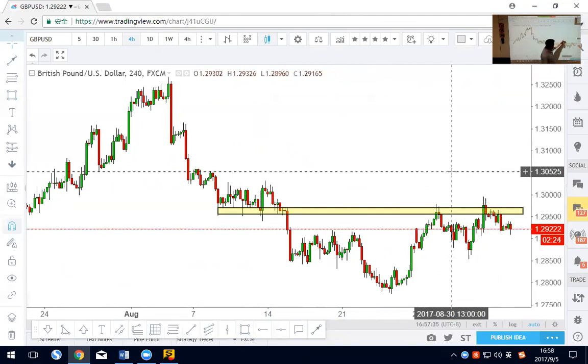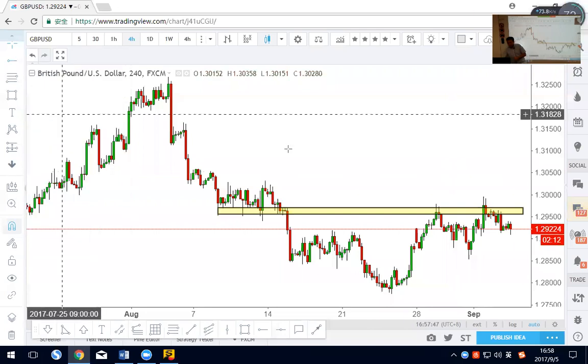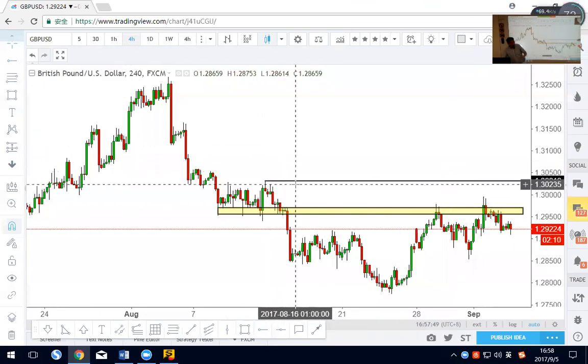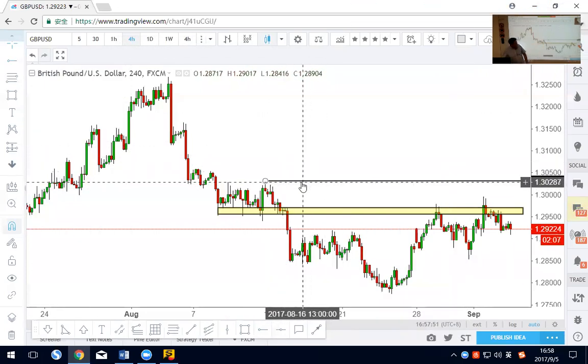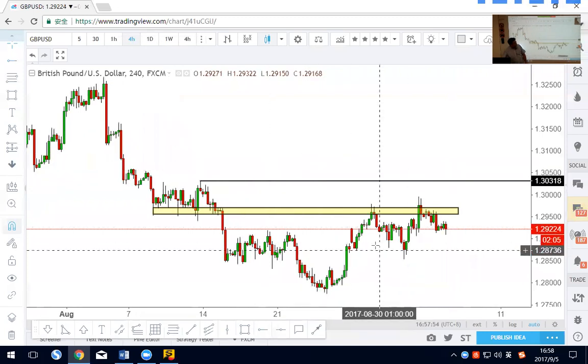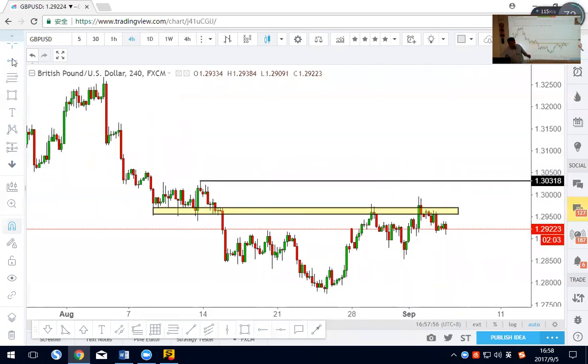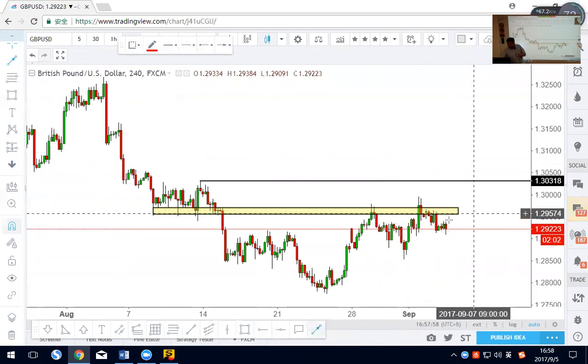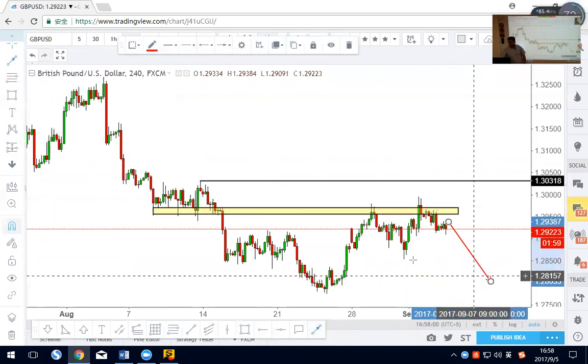If you shorted already, that is another 100 pips move. If it goes back another time, you can still short, as long as the GBP doesn't break 1.30. Your stop loss should be about 1.30. If the GBP cannot close higher than that, it will fall down to here or even lower.